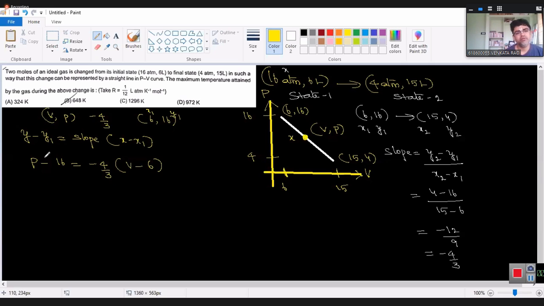Now you have 3P minus 48 is equal to minus 4V plus 24. You can write 3P plus 4V is equal to 24 plus 48, 72, correct? Now I got a line equation.